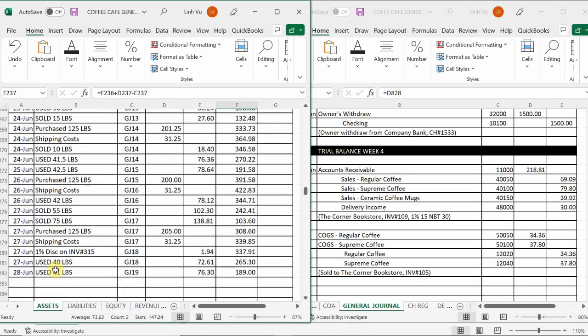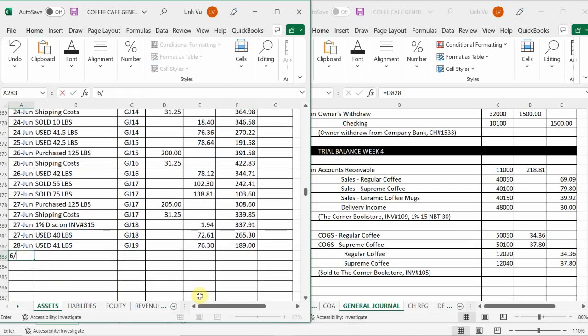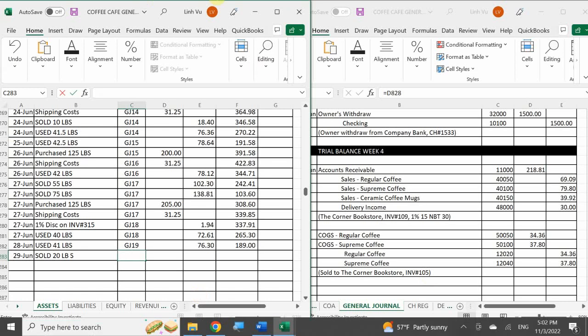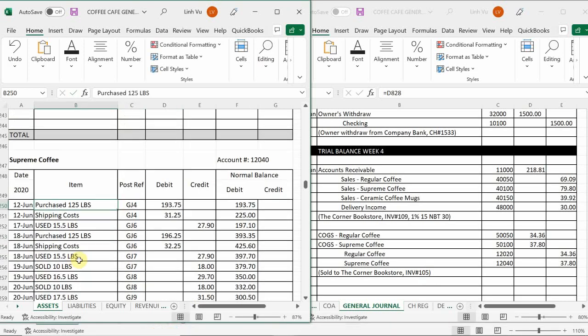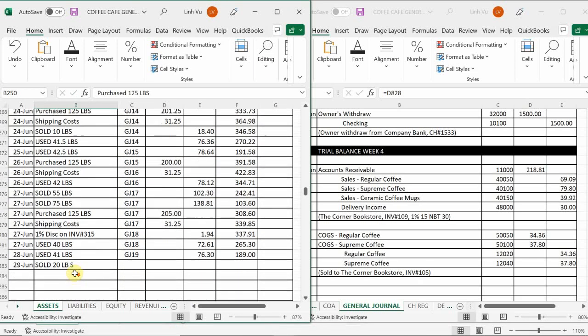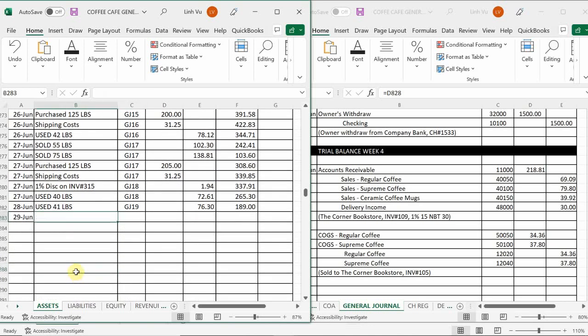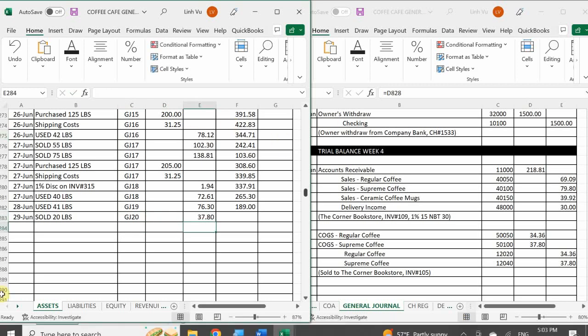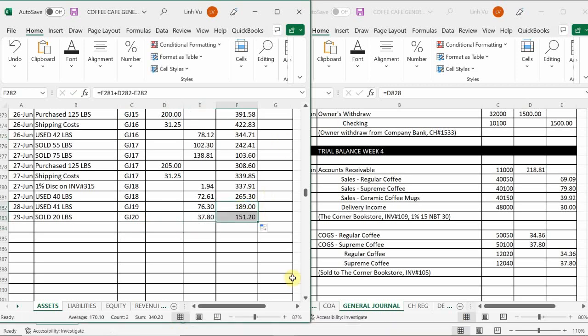And then we sold 20 pounds for $37.80, which should have dropped your account down to $151.20.